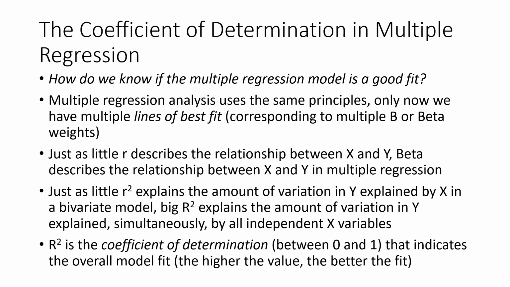So R squared, that is to say big R squared or capital R squared, is what we call the coefficient of determination. And it's always a number between 0 and 1 that says something about the overall fit of your model. And naturally, the higher the value, the better your model fits.